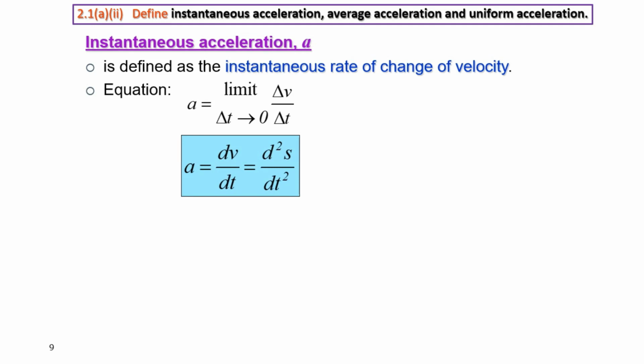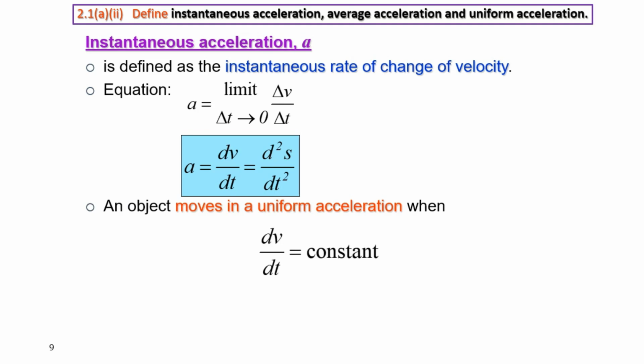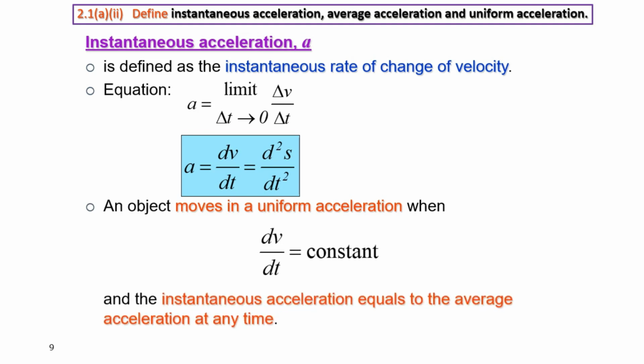The equation of the instantaneous acceleration is a equals dv over dt equals d squared s over dt squared. An object moves in a uniform acceleration when dv over dt equals a constant, and the instantaneous acceleration equals the average acceleration at any time.